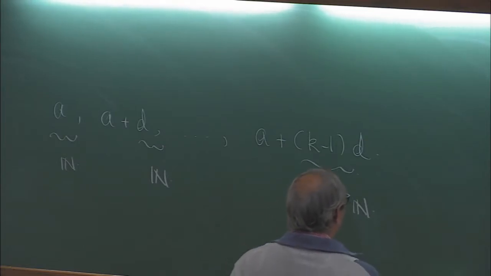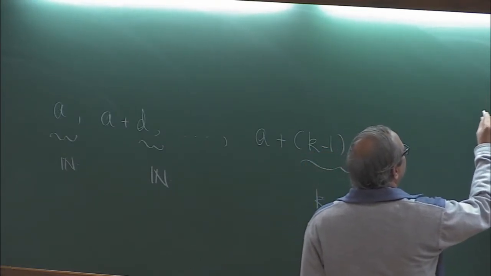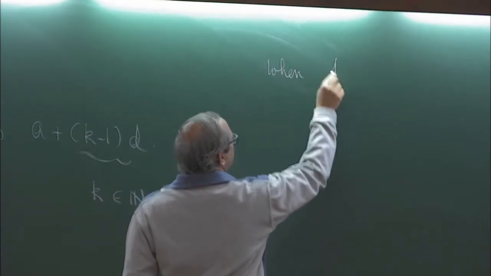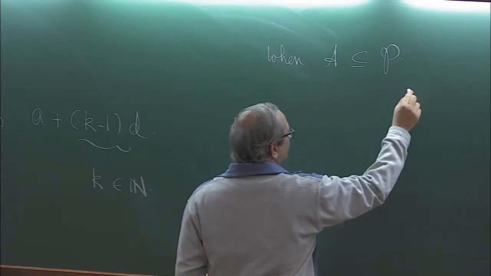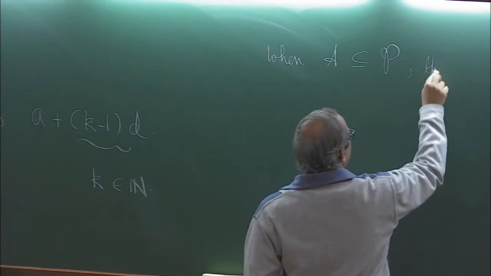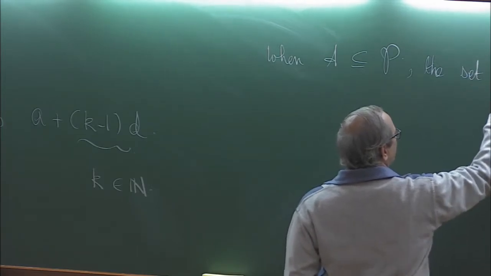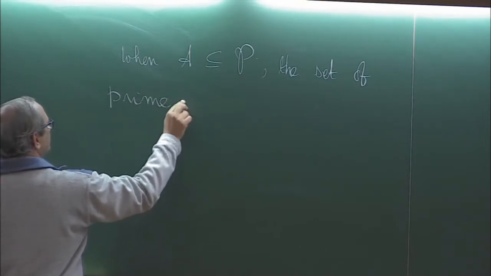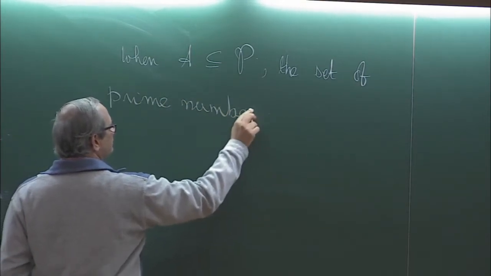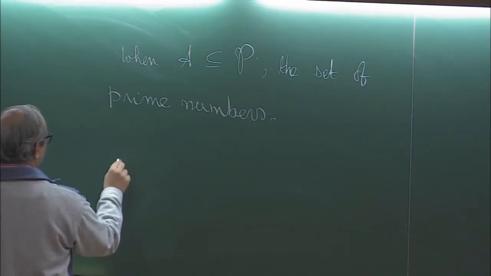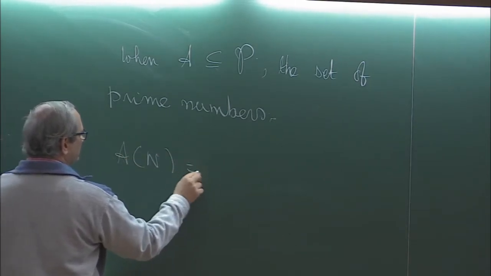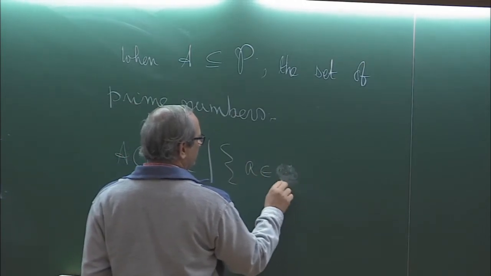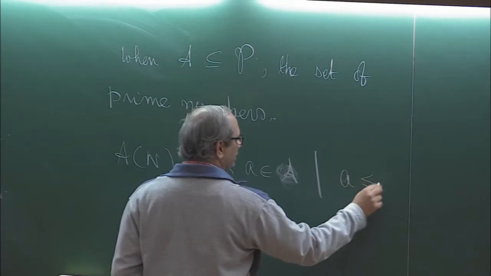So first of all, when A is a subset of P, which is the set of prime numbers, we write A_n to be the number of elements of A which don't exceed n.